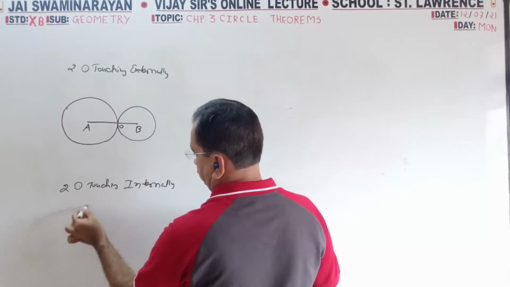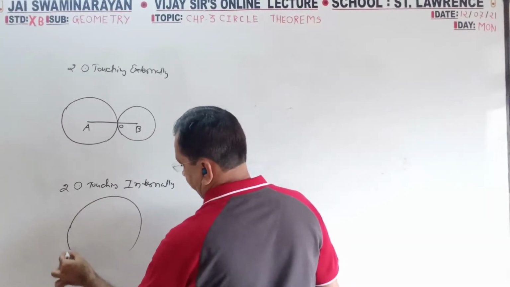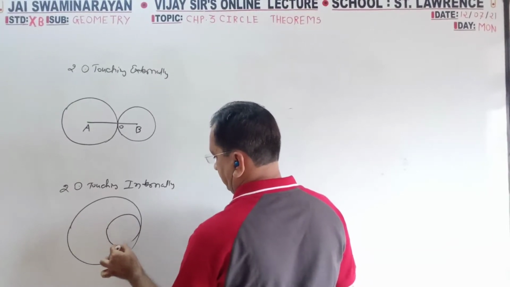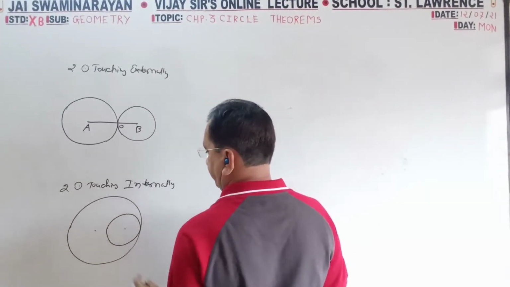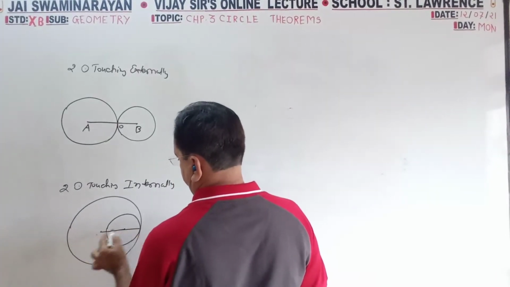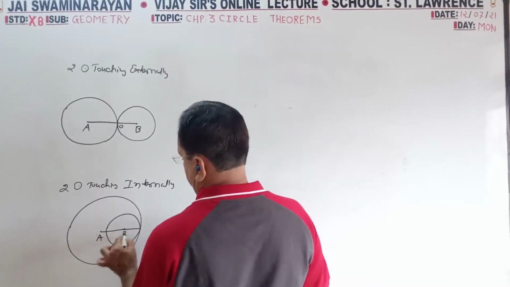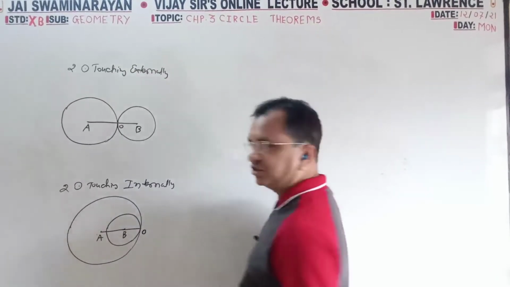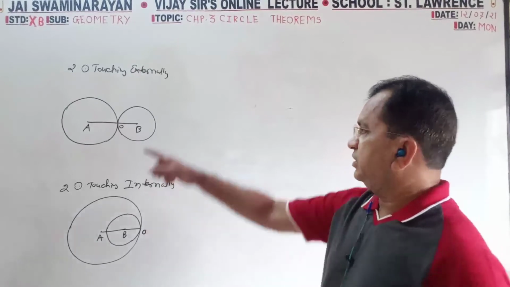If two circles are touching internally, A and B are the centers, O is the touching point.